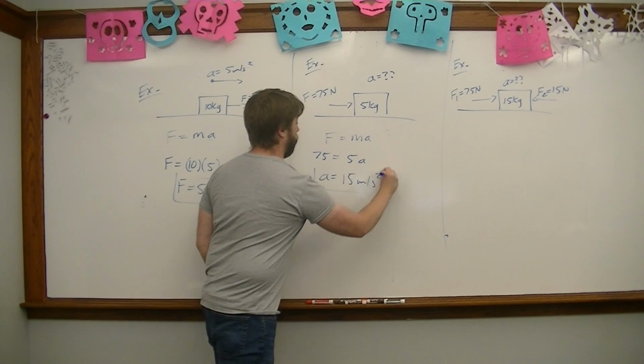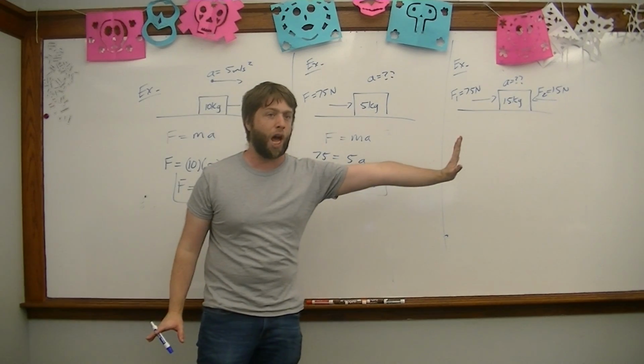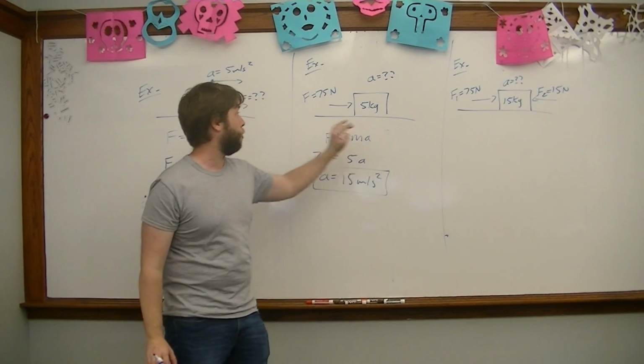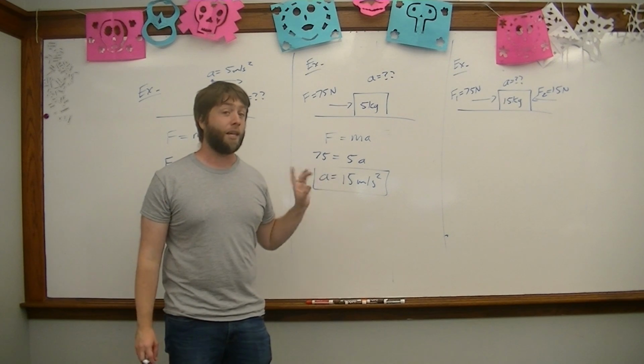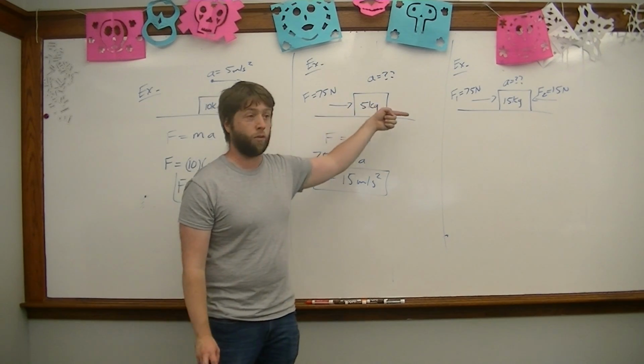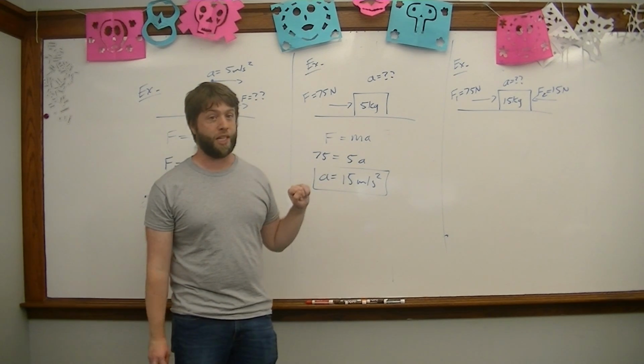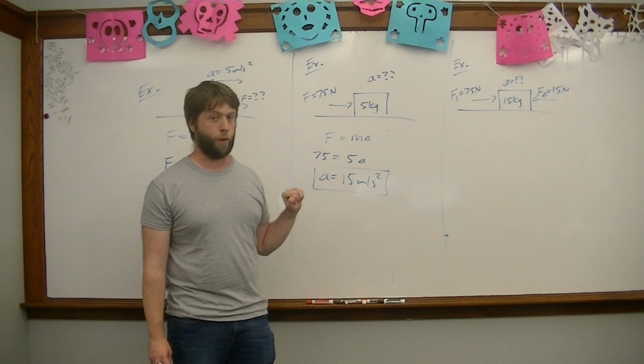Okay? So we are applying a force to this block. It's like I'm pushing the block the whole time with the same force, 75 newtons. That constant force being applied to the block is going to move it to the right and it's going to accelerate. And the acceleration is 15 meters per second squared.